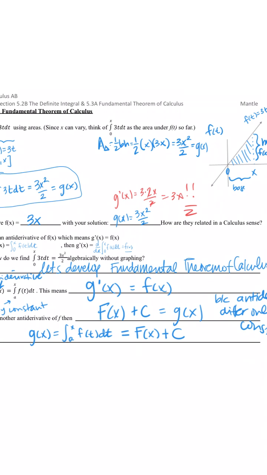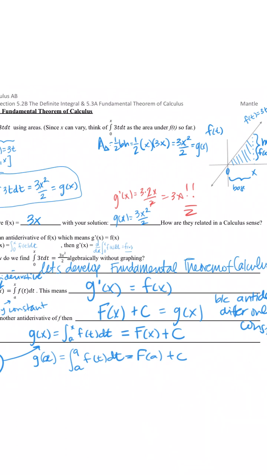And so let's plug in if x is equal to a. So I'm going to take this whole statement, and everywhere that there's an x, I'm going to plug in an a. So I'm going to say the integral from a to a of f of t dt equals F of a plus c. Okay, well, let's think about what this means.